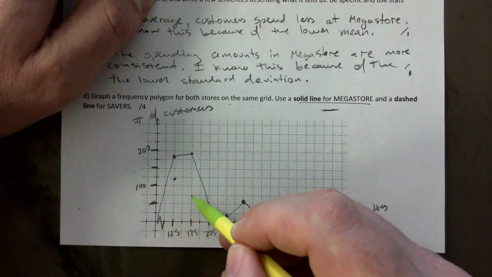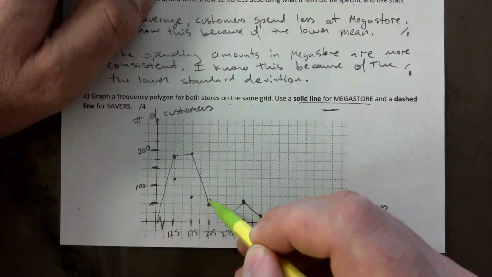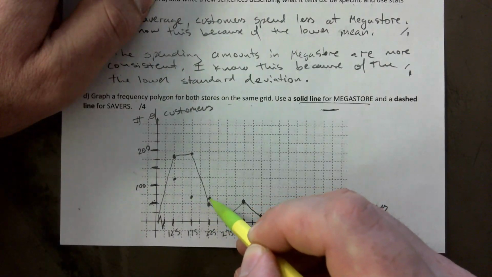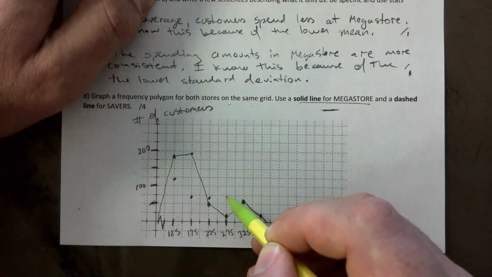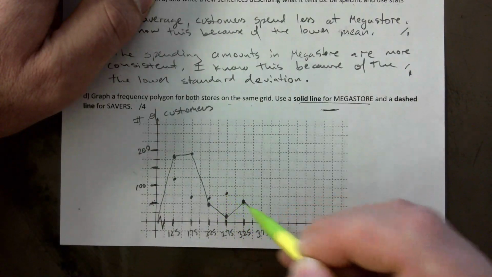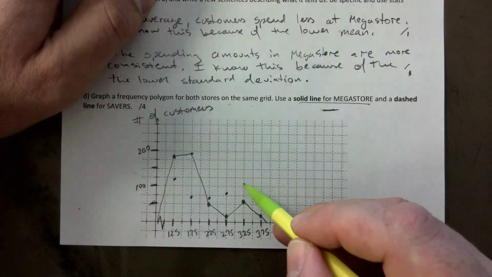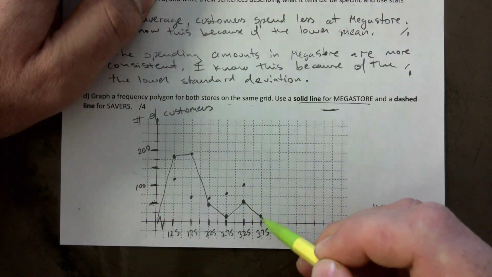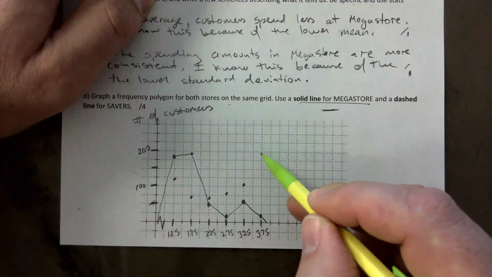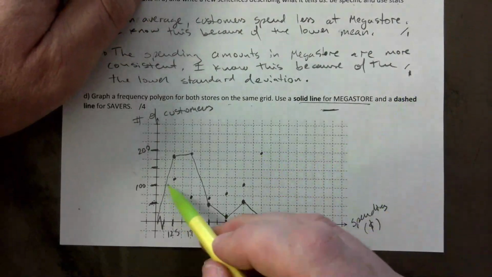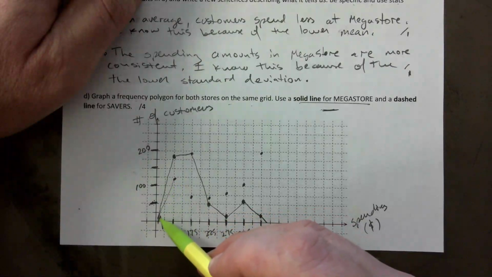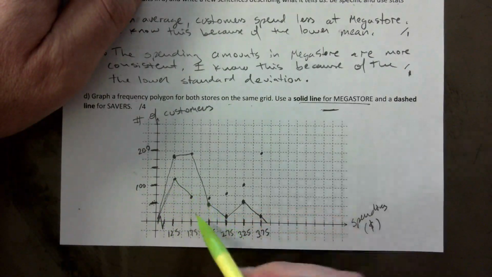So I'm going to go 70, this is 75, so 70 is just under 75. Another 70, and then 77, just a little over. 101, and then for 375 is almost 200. Okay, so you close it to where you closed the other one.